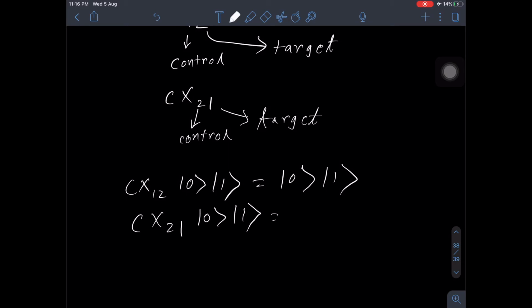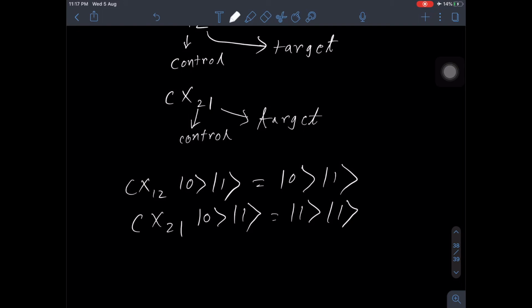Then the control qubit is my second one, which is 1, so I have to apply an x on the target qubit, and if I apply an x on the first one, then you'll get a 1 here. So your new state will be 1, 1. So you can see that cx21 and cx12 are not the same. They act differently on the same quantum states.